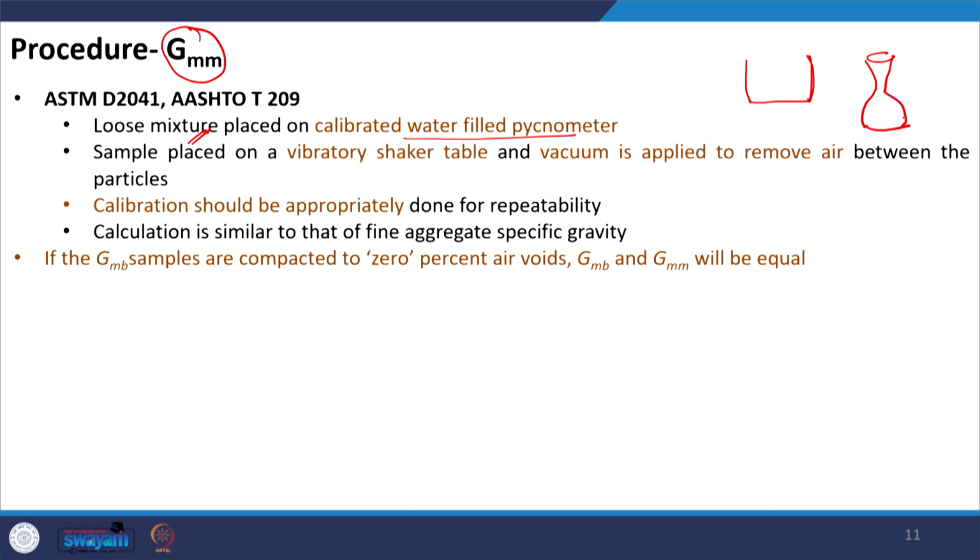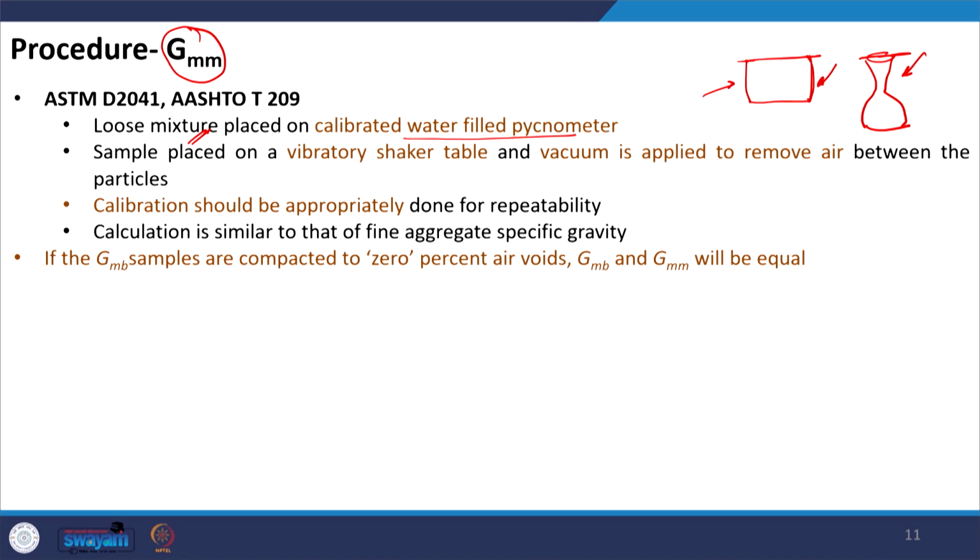All right, and this pycnometer should be calibrated. What is calibration? We should know the weight of the completely water-filled pycnometer. Now, sometimes this measurement, especially GMM, has a lot of variability in the lab, and this variability arises mainly because this calibration is sometimes not done properly.